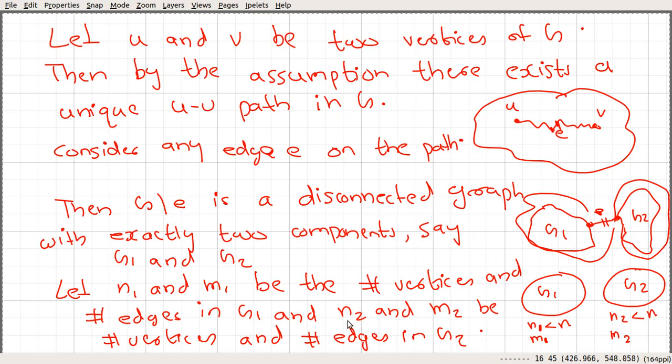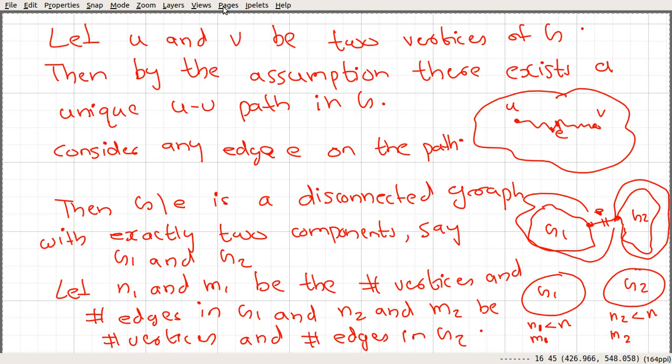G1 must contain at least one vertex and G2 must contain at least one vertex, so N1 and N2 are strictly less than N. Also N1 plus N2 must be equal to N, because we assumed this graph has N vertices.